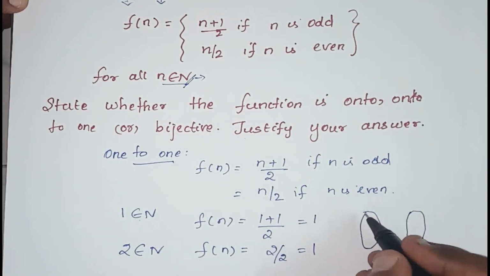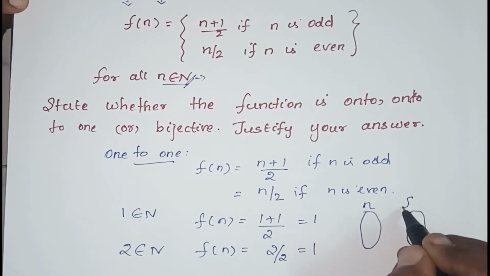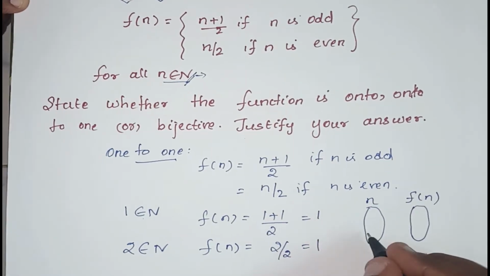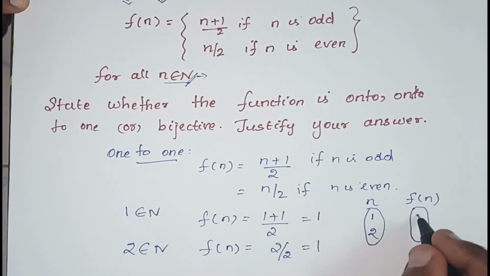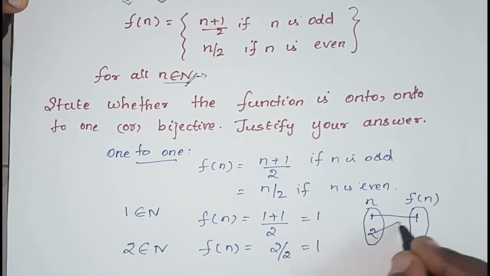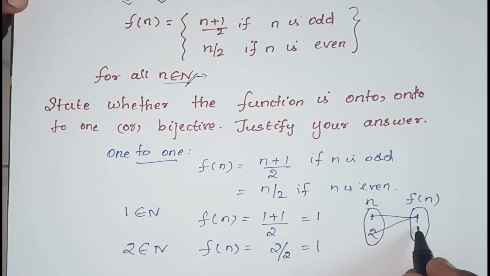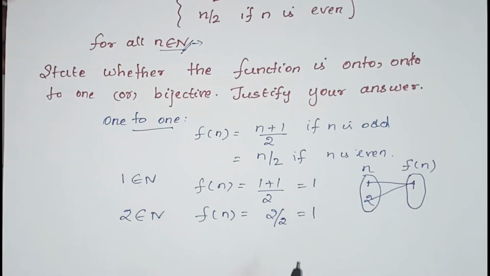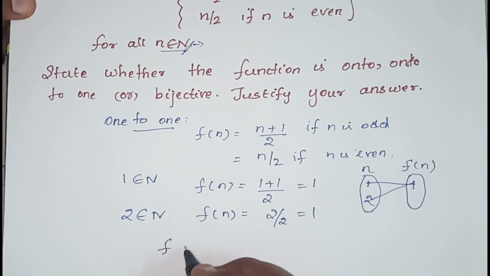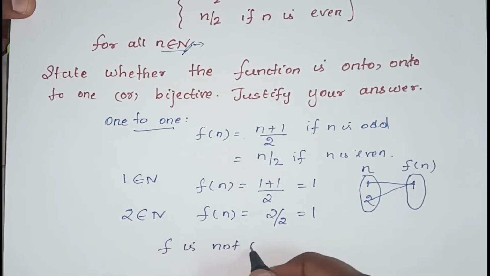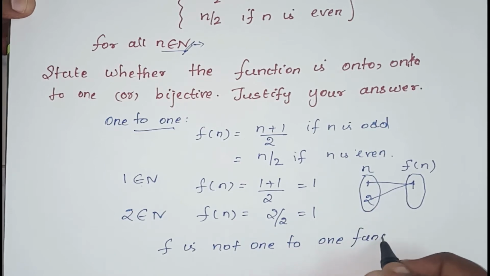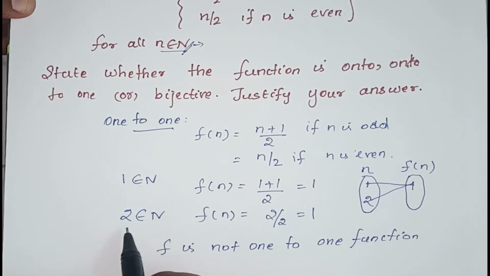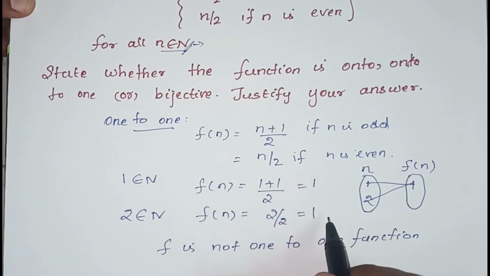This is n, and this is f(n). For n = 1 and n = 2, I am getting the same output, f(n) = 1. So two inputs, same output. So this function is definitely not one-to-one, because for two different inputs we are getting the same output. So this is the reason.